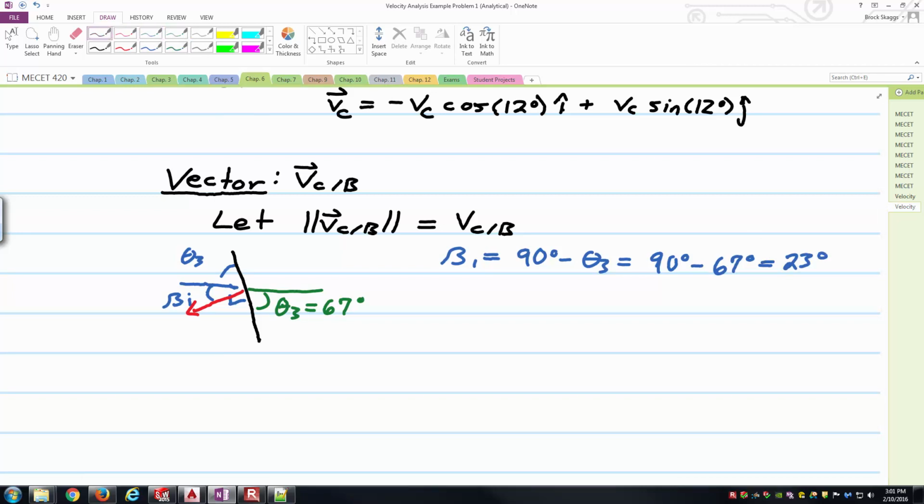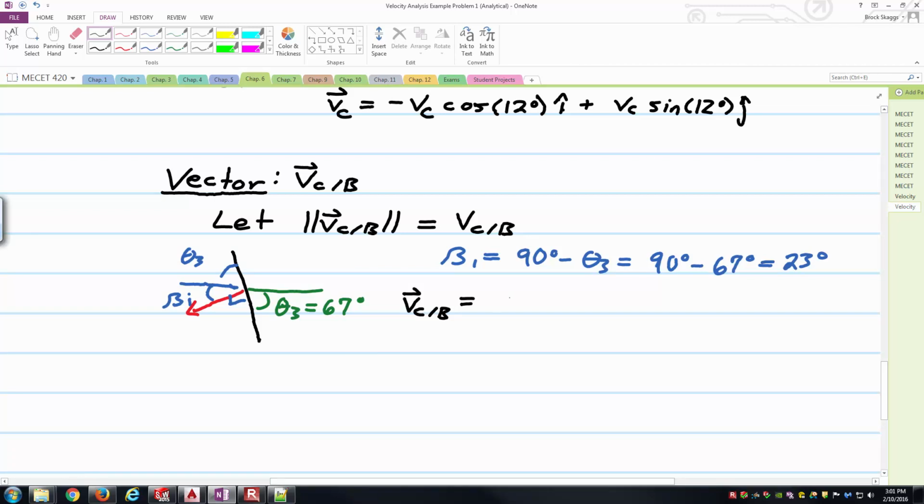And so from this, we should be able to now characterize this relative velocity vector in terms of i and j components. And so we would say something like the velocity of c relative to b is equal to, here I've got something pointed in the third quadrant, so both negative i and j terms.